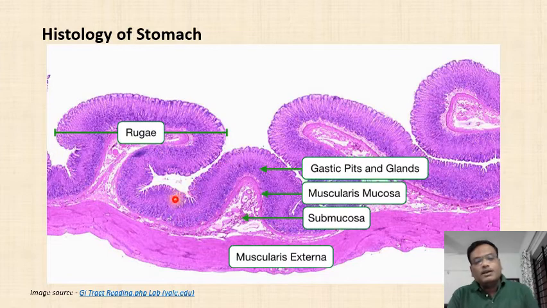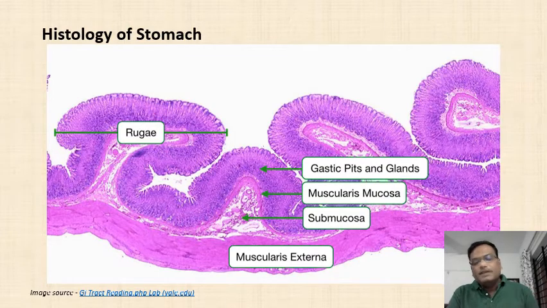Now on the inner side of the stomach, we find infoldings. So here you can see the wall of the stomach shows foldings, and these foldings are typically called rugae.